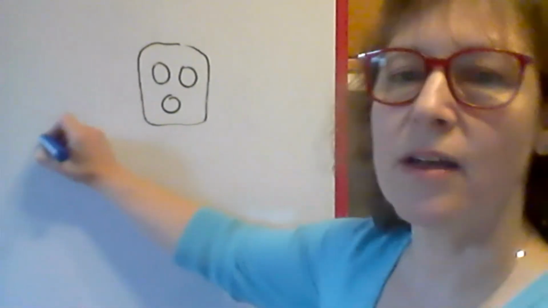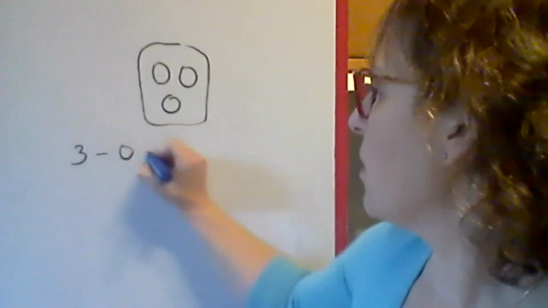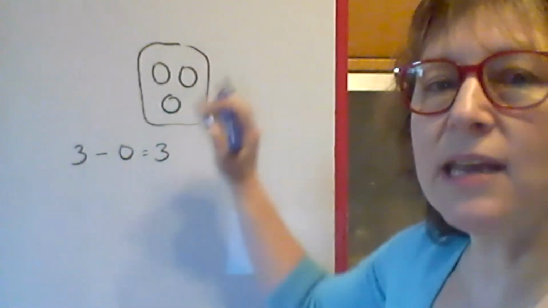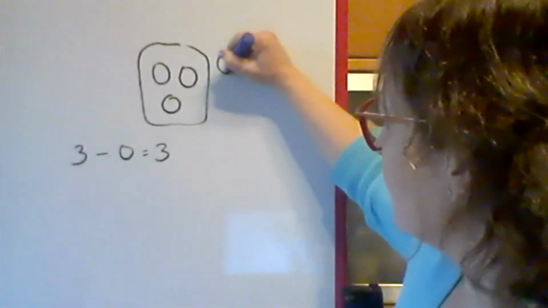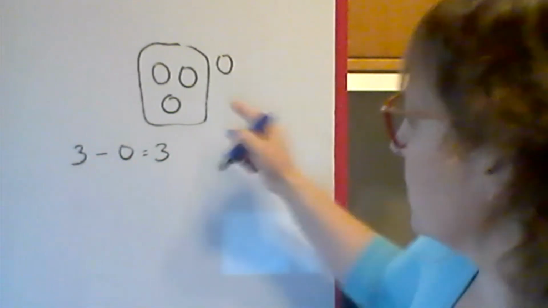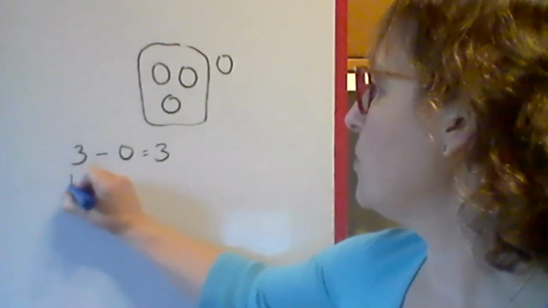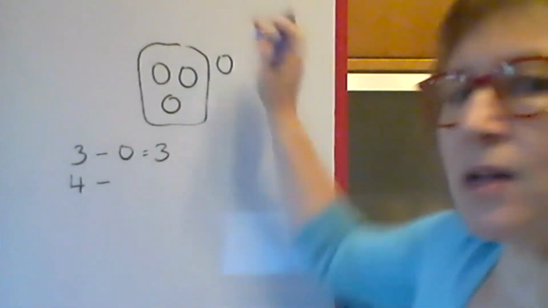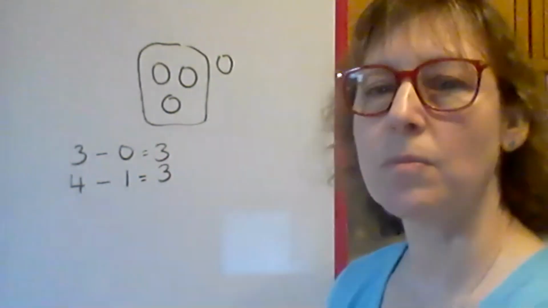So altogether, we could start with 3, take away 0 equals 3. So if we had 3 and we didn't take any away, we've still got 3. So what I'm going to do now is add some dots outside the box. I'm going to start with 1 dot. So now I have got 4 altogether. If I take away the one that's outside the box, I've still got my 3 in the box.